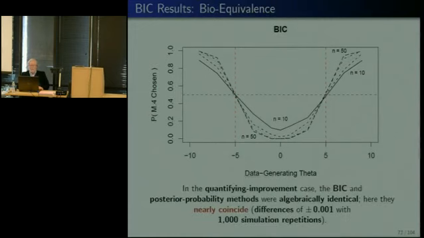In the quantifying improvement case, the BIC, the one I showed you before, they were algebraically identical. Here, the BIC and posterior model probability methods nearly coincide. And so BIC is behaving like posterior model probabilities, and log scores are behaving qualitatively the same, but not with quite the same numerical values.